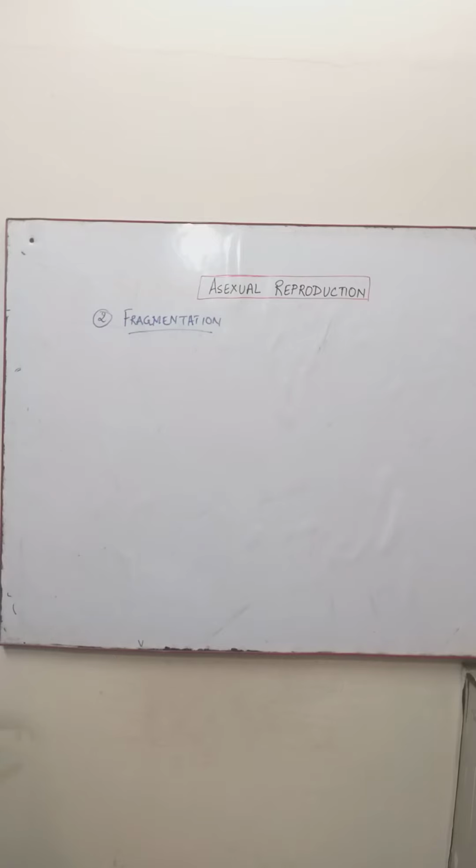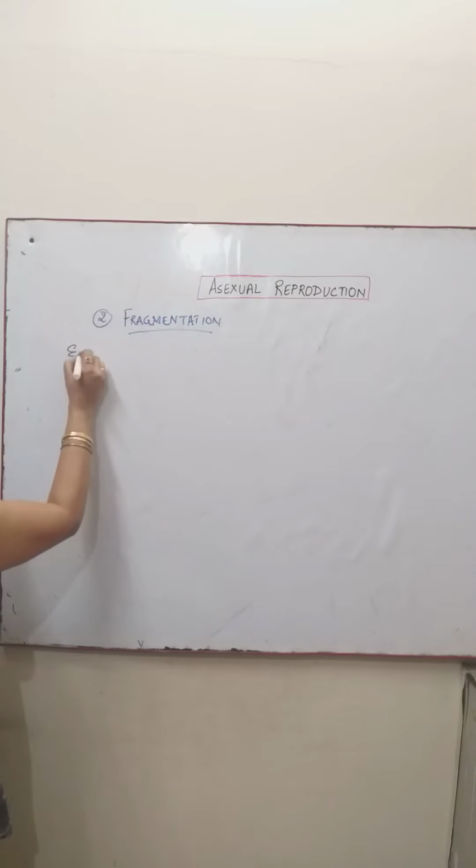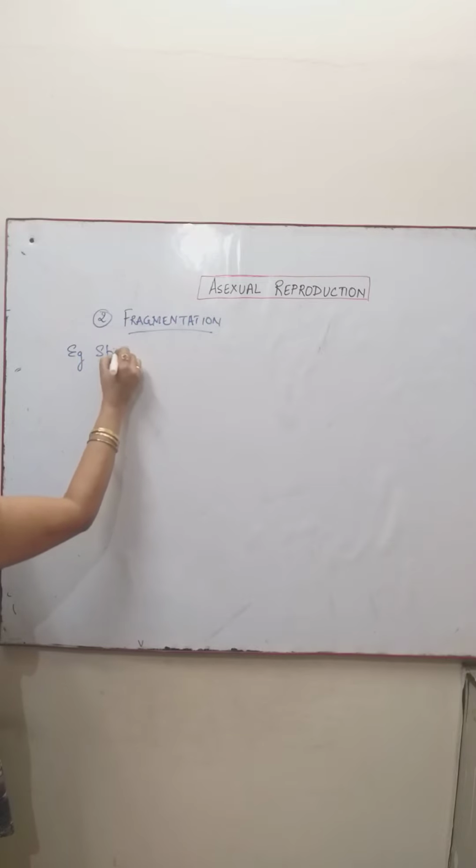That is why the name fragmentation is there. In fragmentation, the main body of the organism will divide into 2 or 3 portions or fragments, and each fragment will then develop into a new individual. The example we take is Spirogyra.